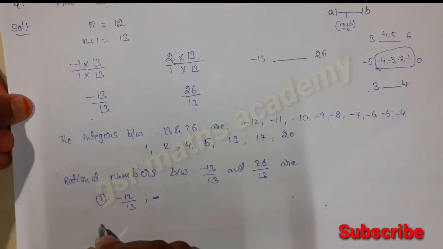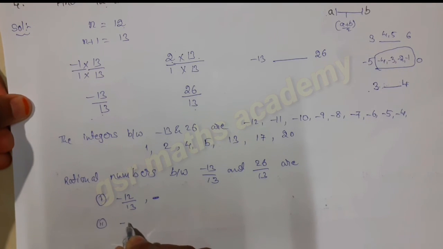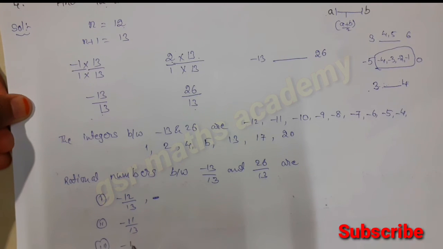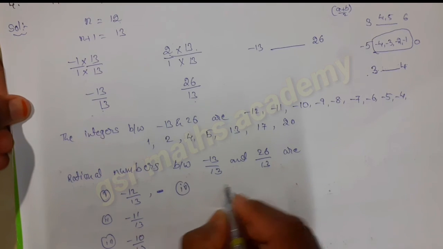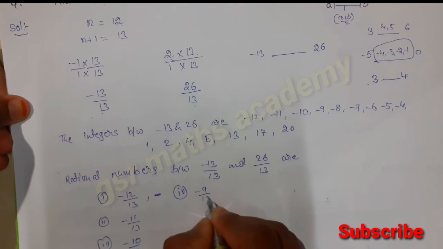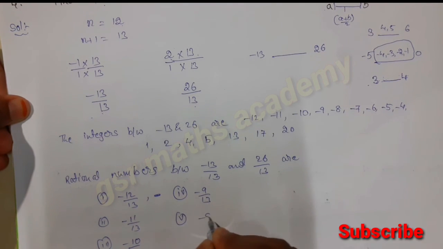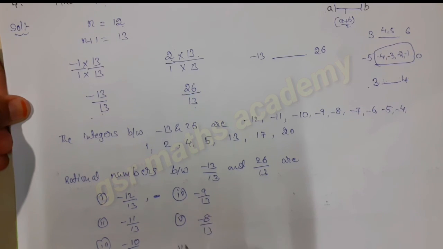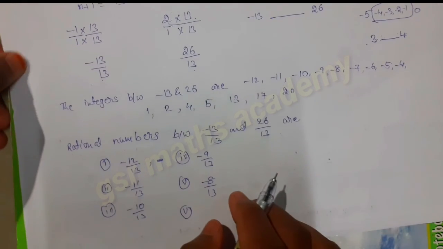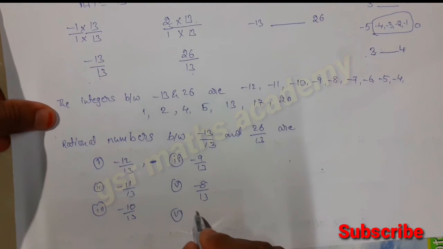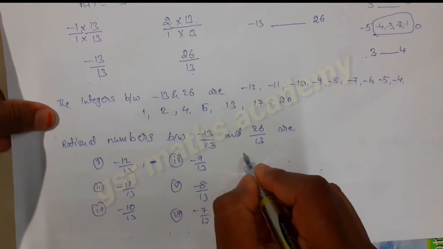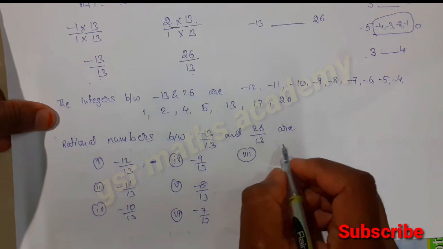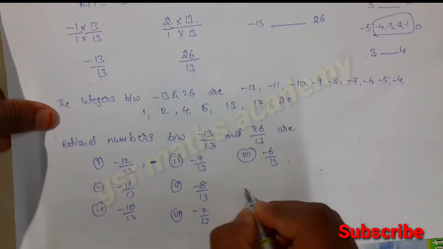Second one, -11 by 13. Third, -10 by 13. Fourth, -9 by 13. Fifth, -8 by 13. Sixth, -7 by 13. Seventh, -6 by 13.